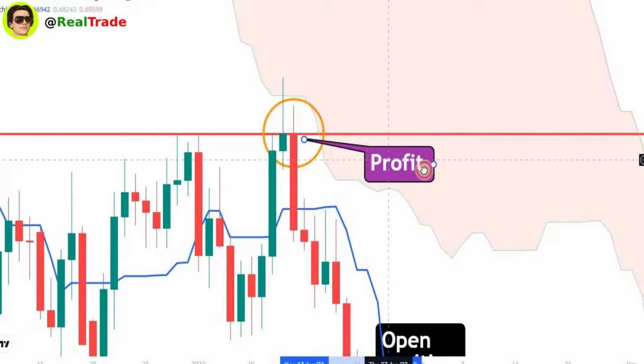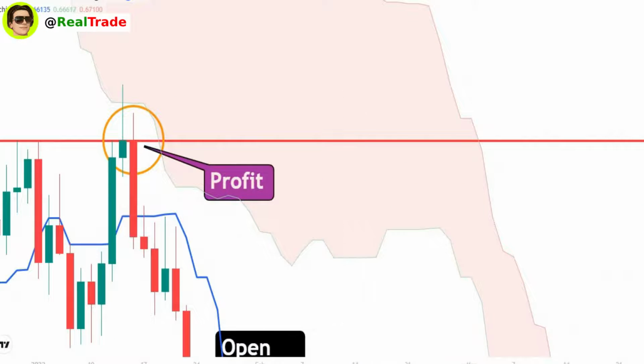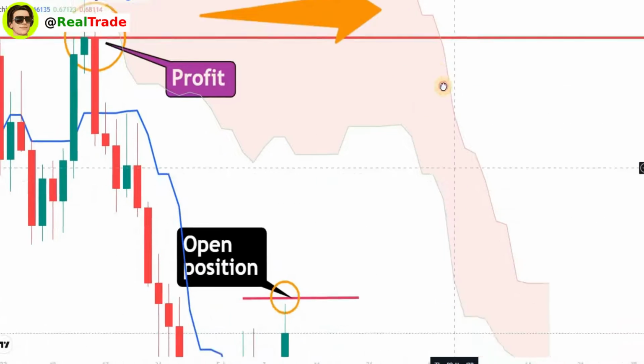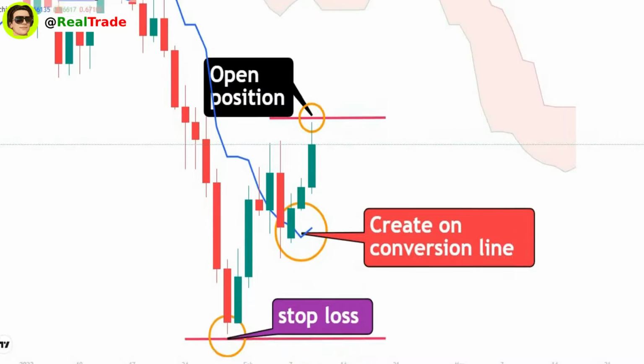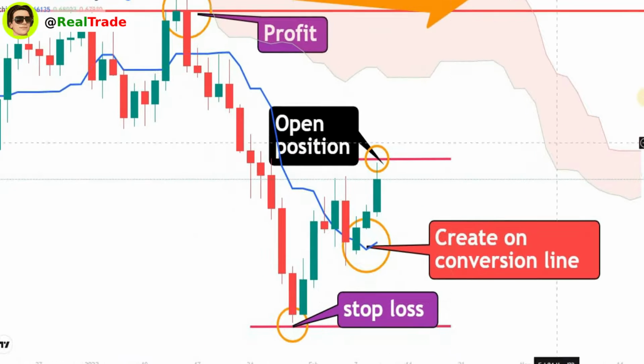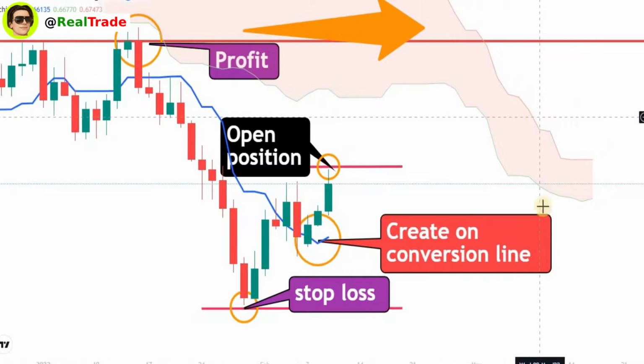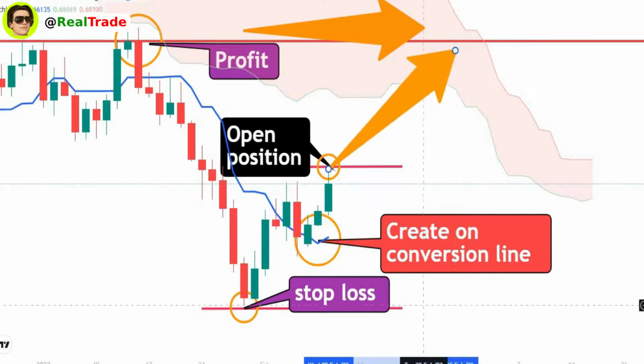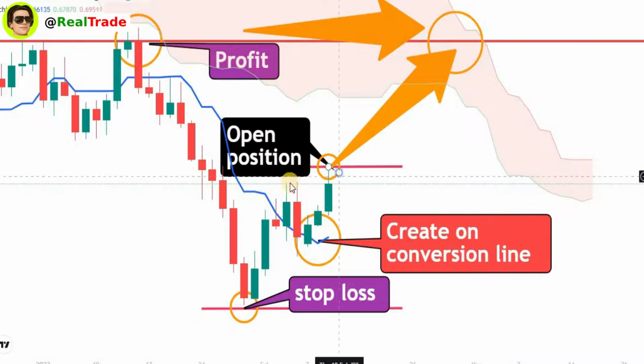Great profit. Continue. Focus on the chart. This area, go buy, go profit.